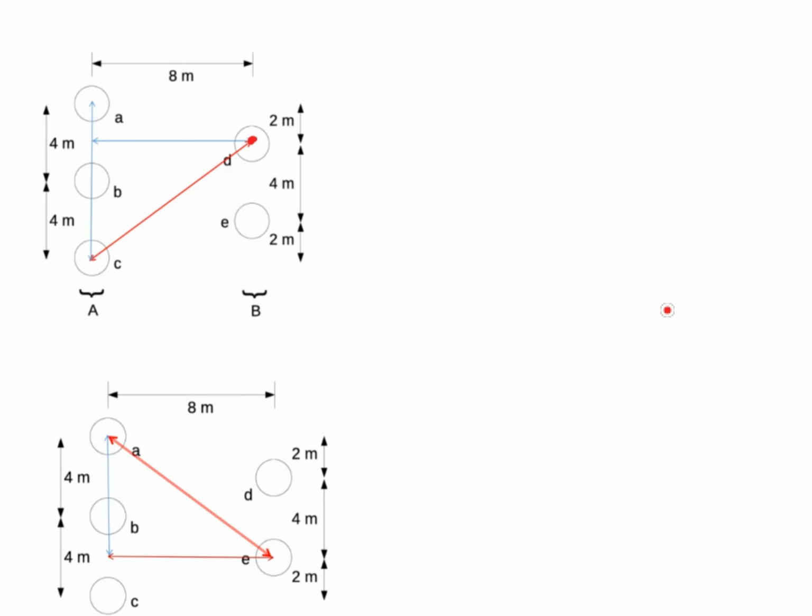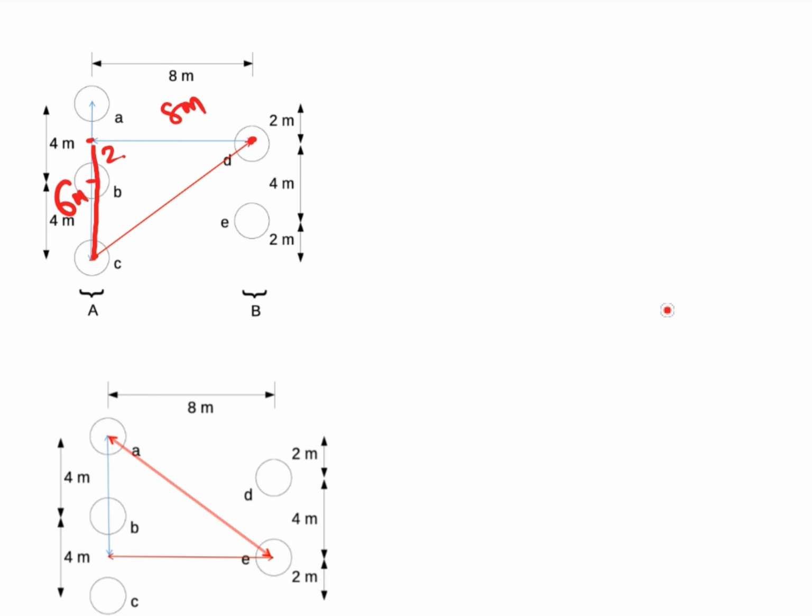So from D to C, this is of course a hypotenuse of a triangle from the midpoint of AB here. So from here to here is 4, so up to this is 2 meter and this is 4, so all together this is 6 meter and this is 8 meter.